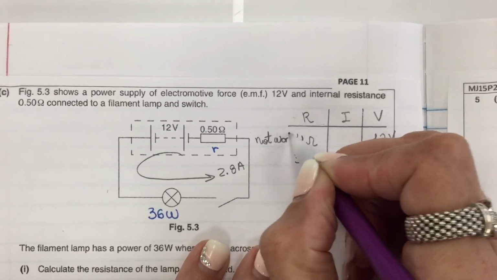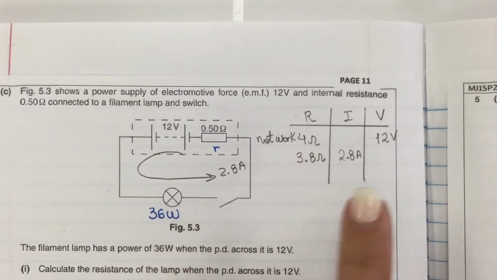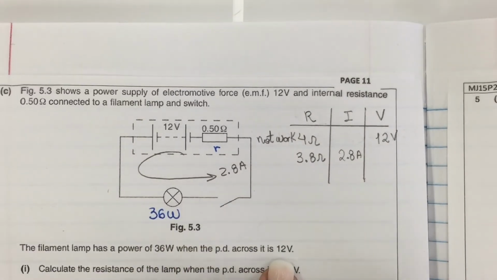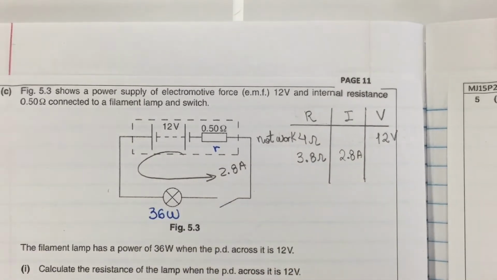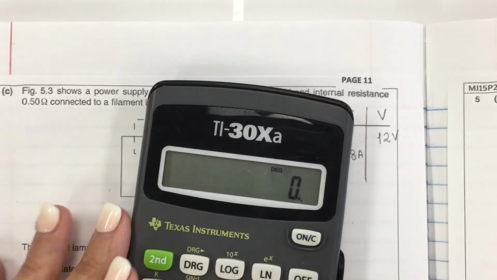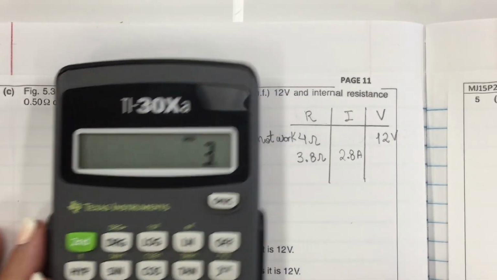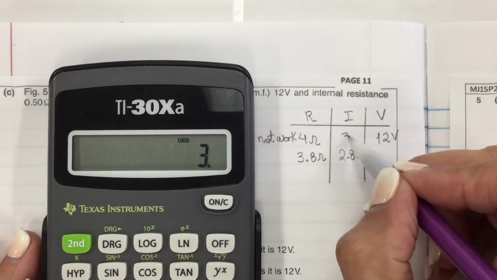When it's not working, we calculated 4 ohms based on a provided voltage of 12 volts. So what will be the current in this case? The current is V over R, which is 12 divided by 4. So the current here is 3 amps.